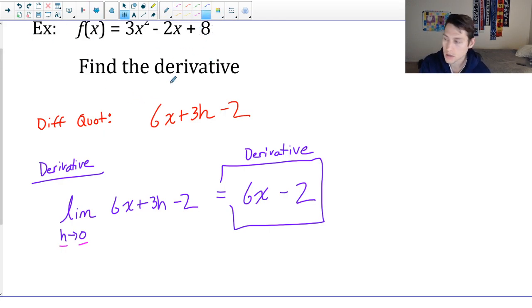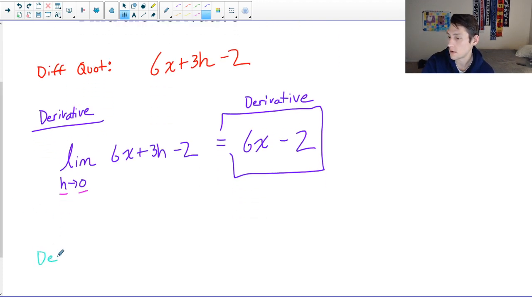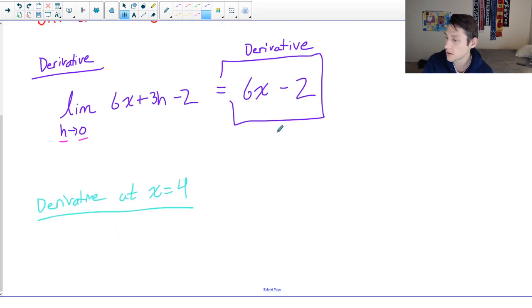Now the question could also ask, maybe it doesn't just say find the derivative. It might say find the derivative, let's say, at x equals 4. So what that means is I'll have to go one step further. I already have my equation, which is 6x minus 2. But instead of x, I know that x is 4, so 6 times 4 minus 2.